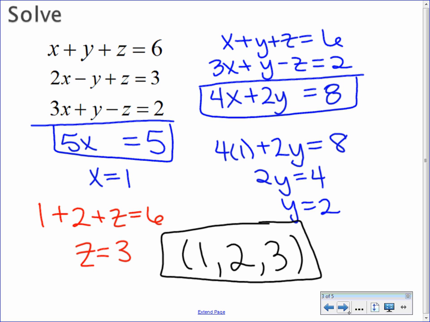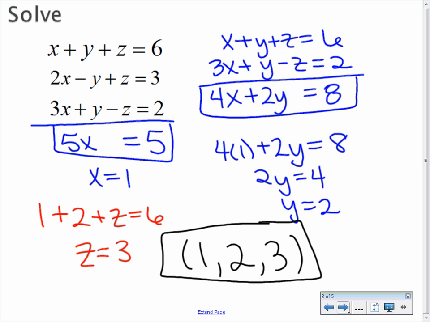Hey, all right. 3 times 1. Plus 2. Minus 3. All right. This works in all 3 equations. That should happen. If you're going to check your answer, you need to check it in every single equation because it has to satisfy every single equation.